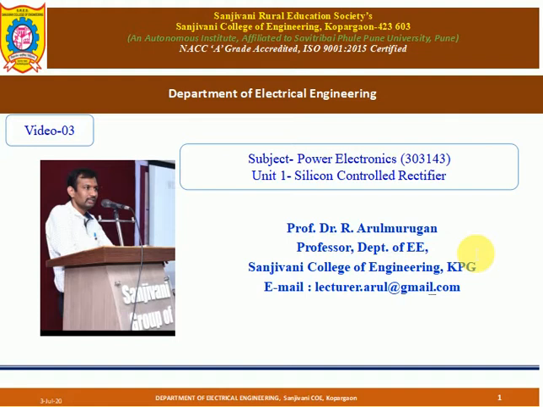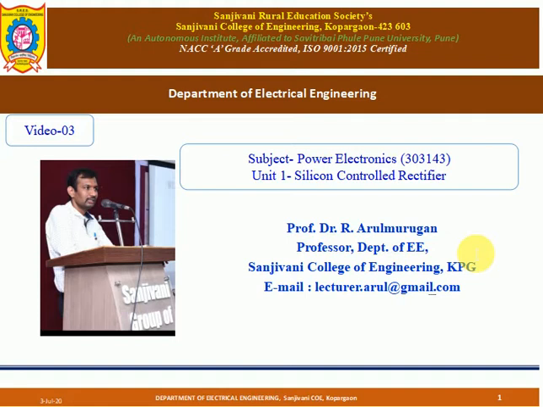In this video, you are going to learn about Unit 1, silicon controlled rectifiers. Before we go ahead with this unit, those who have not seen video number 1 and 2: video number 1 is an introduction to power electronics. Video number 2 is an introduction to power semiconductor devices: different types of semiconductor devices, current controlled devices, and voltage controlled devices.